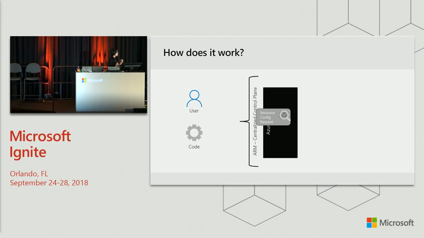Policy is embedded as part of the front door to ARM, so that we get the request first. That allows us to do real-time enforcement and deny the resource before it gets created if it's not abiding to the policy. Otherwise, if it meets the policies, we'll just let the resource request go through.